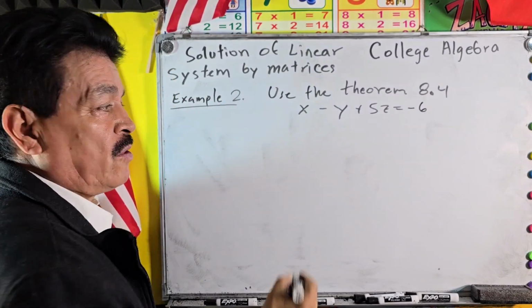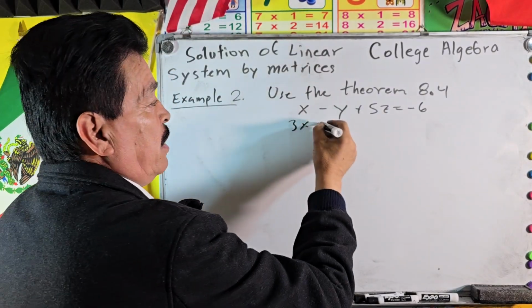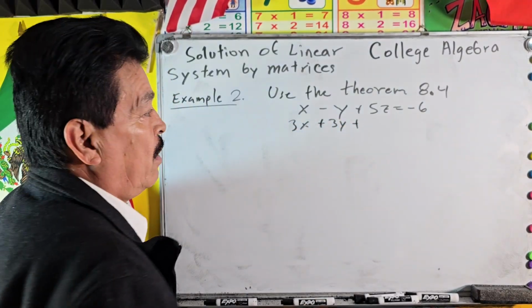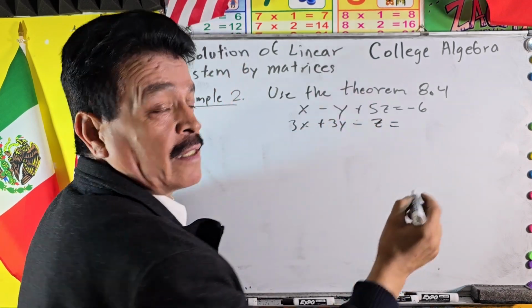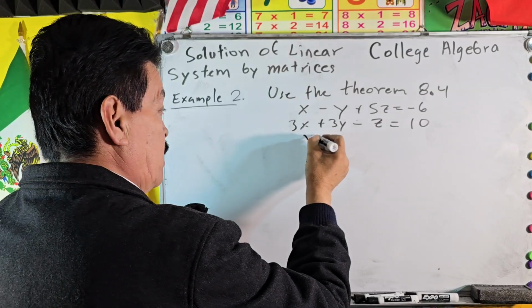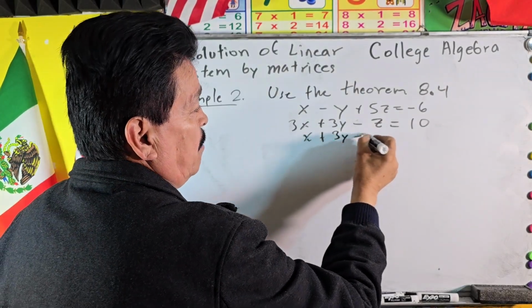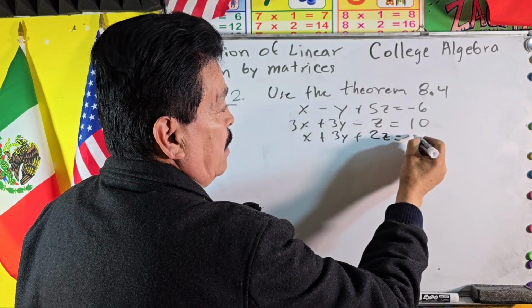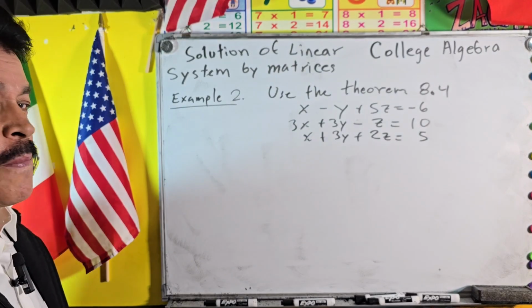That's the first equation. Second one, 3x plus 3y minus z equals 10. All right, one more: x plus 3y plus 2z equals 5. Okay, that's our problem.